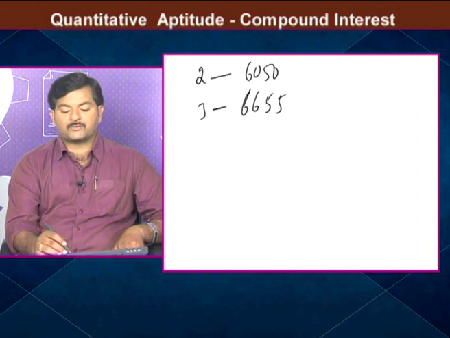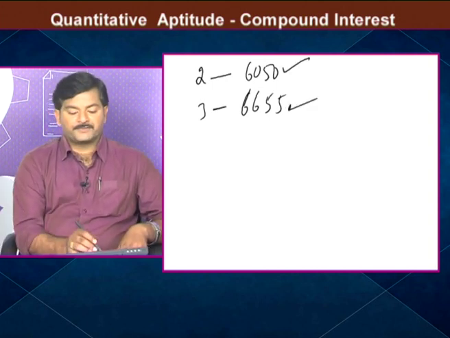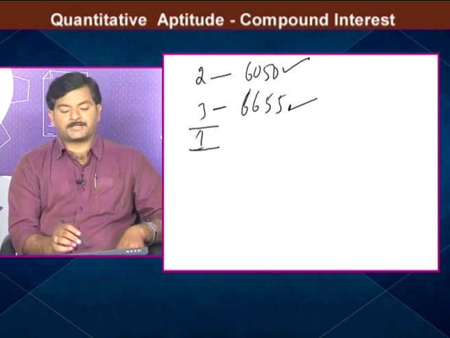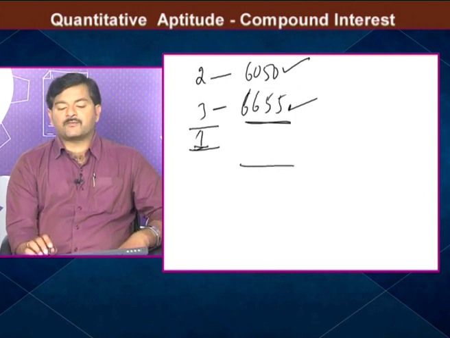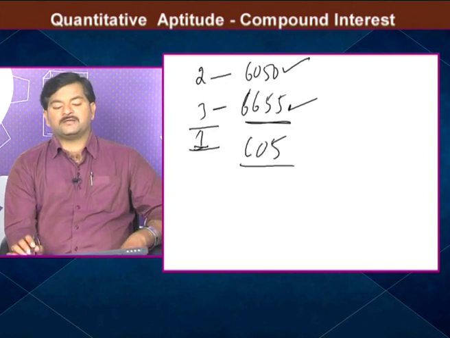This is the 2 years amount and this is the 3 years amount. What is the difference in time? Only 1 year, right? Difference in time is 1 year. So what is the difference in this amount? Clearly the difference in this amount is 605 rupees.